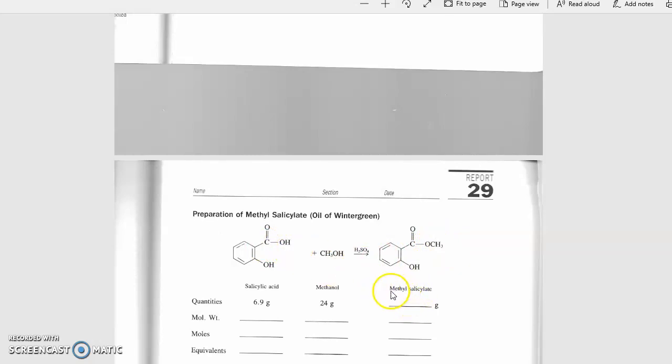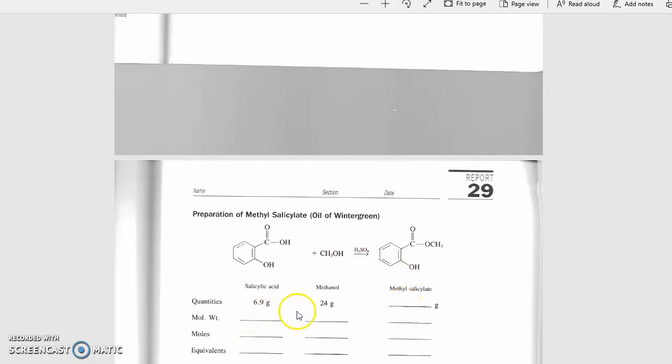Now for the actual yield right here, for the amount of material, I would use 6.5 grams. And you'll notice you have acid here as well as the alcohol group here as well. So use 6.5 grams here.